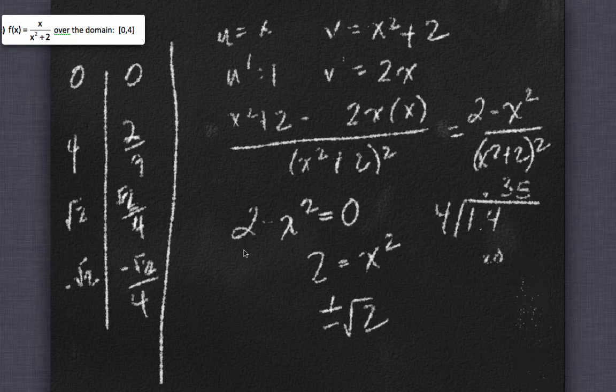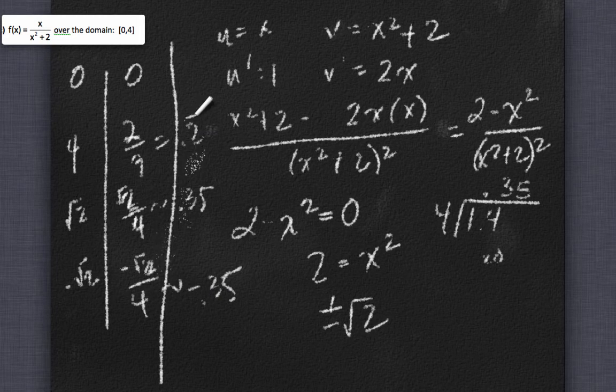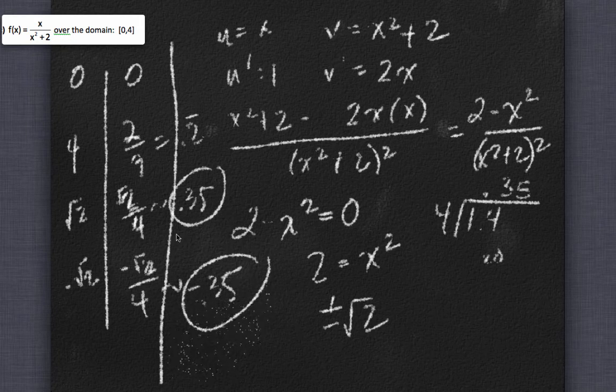I guess I could have done that in my head. So this is around 0.35. And this is around negative 0.35. And this is 0.2 bar. So here's our max and here's our min. So the max happens at root 2 and the min happens at negative root 2.